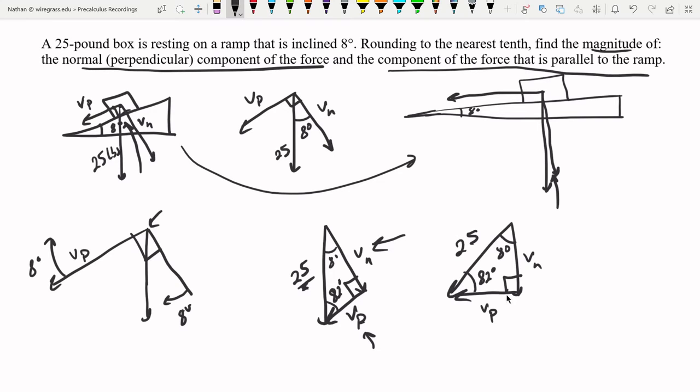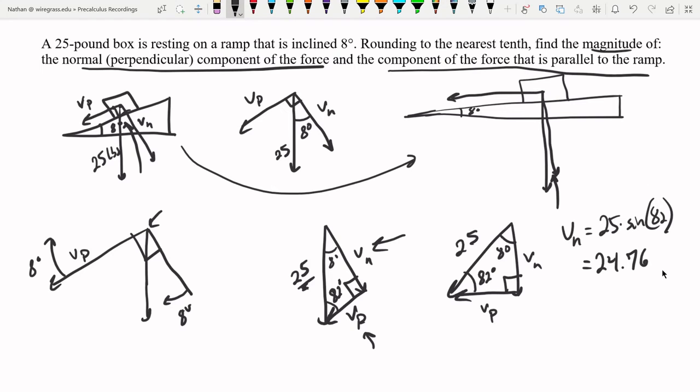What matters is the numbers. We have a horizontal component here, a vertical component, and how do we find those? Well, we just look at the cosine and sine of this angle. So really we have Vn is going to be, well, this is the vertical component. You can use right triangle trig if you want. It's going to be sine of 82. So 25 times sine of 82. That's just rearranging the right triangle trig. And that's going to give us 24.76.